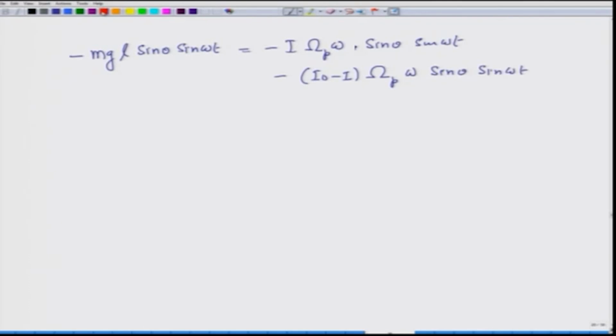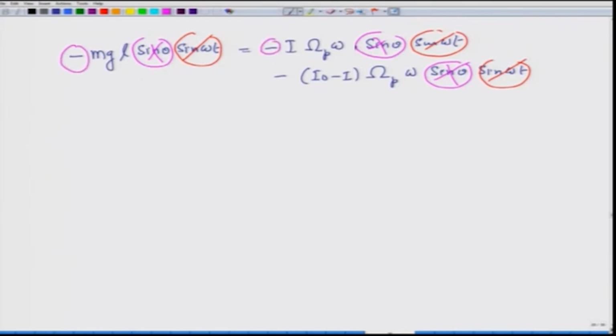So, now I can cancel sin omega t from both sides. I can cancel sin theta from both sides, and this minus sign also goes away, and therefore what I am left with is m g L is equal to I omega p omega plus I 0 minus I omega p omega.